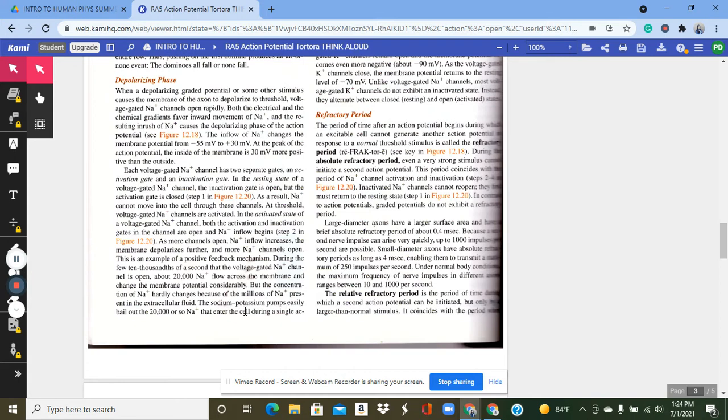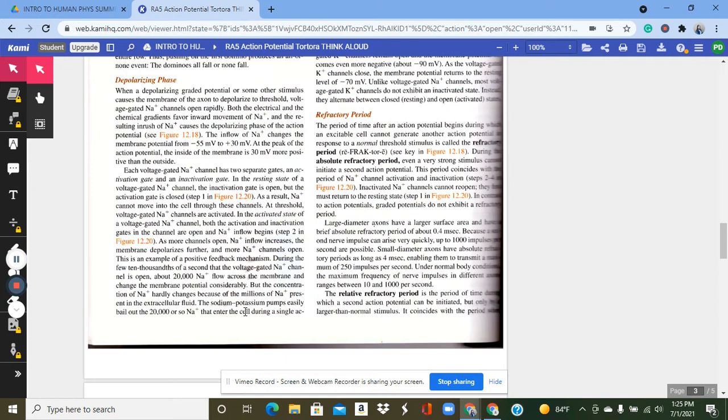At threshold, voltage-gated sodium channels are activated. In the activated state, both the activation and the inactivation gates in the channel are open, and sodium inflow begins. Step 2 in figure 12.20. As more channels open, sodium inflow increases.